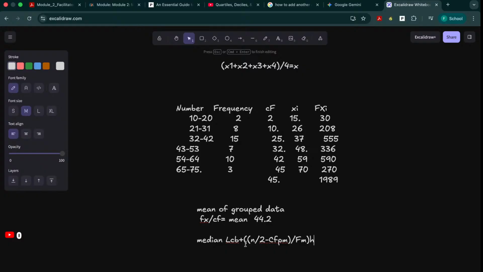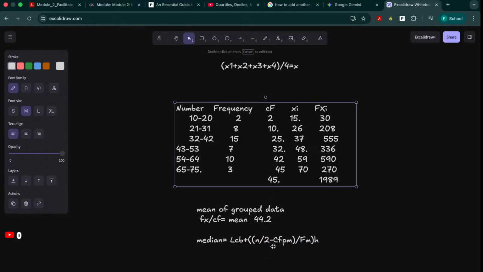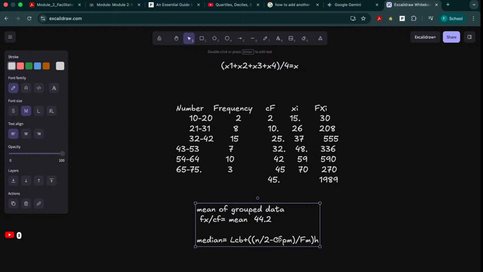To get the median, we use the lower class boundary, which is from the classes of frequency, so we will get it here. Then we take the total cumulative frequency, like we will get it here, then we divide by 2. Then this is CFBM, the cumulative frequency before the median class.